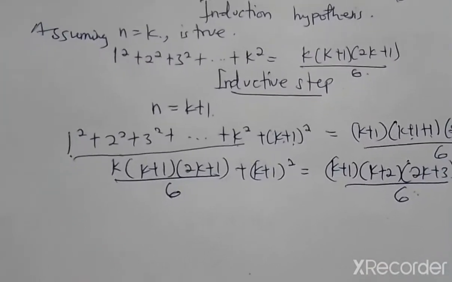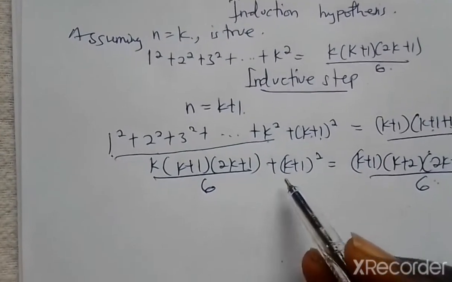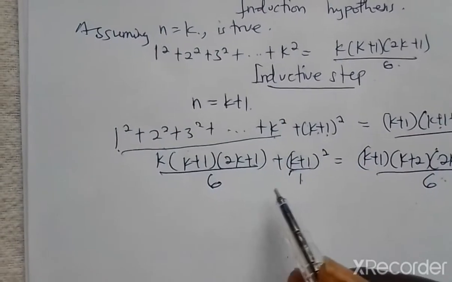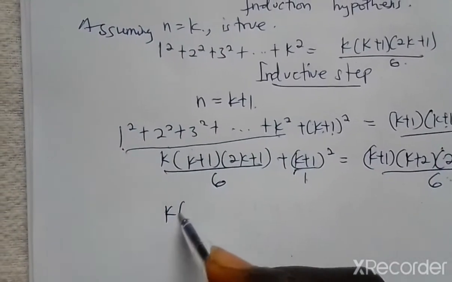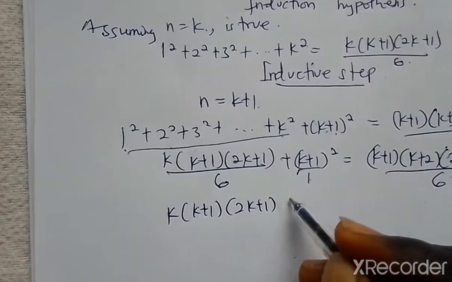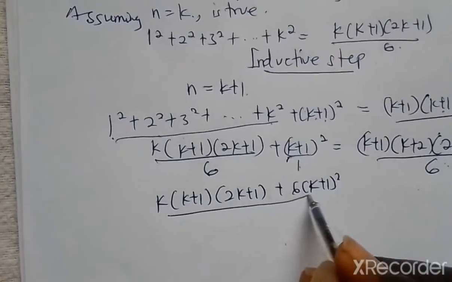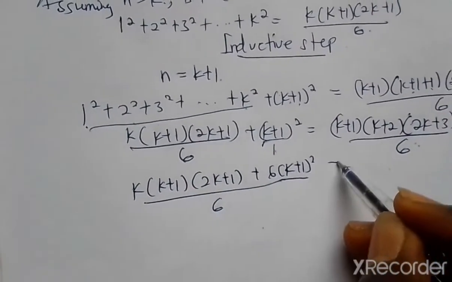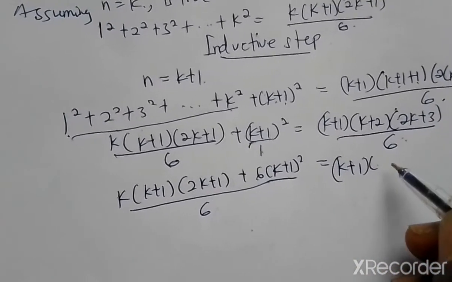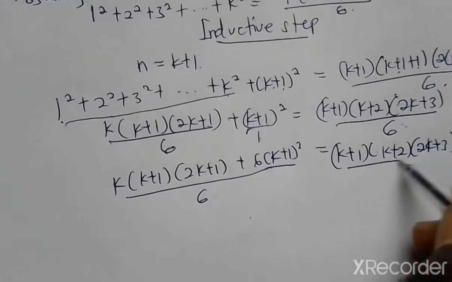We move forward. If you're having an algebraic expression, we assume that this is over 1, so we cross multiply and multiply the denominator. So you have k multiplied by k plus 1, multiplying 2k plus 1, then plus 6 open bracket k plus 1 all squared, all over 6, to be equal to k plus 1 multiplying k plus 2, then multiplying 2k plus 3, all over 6.